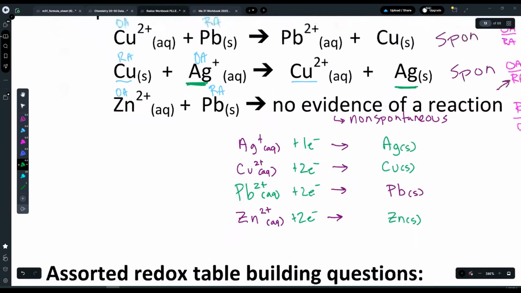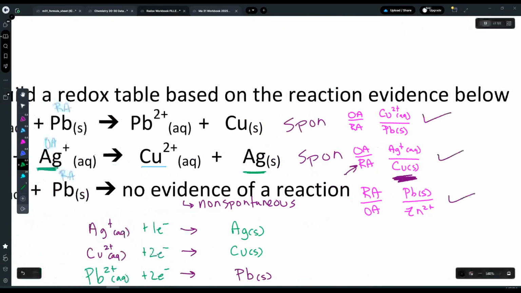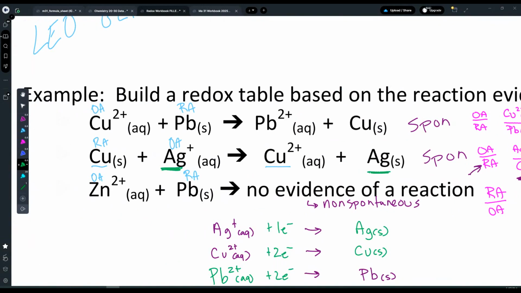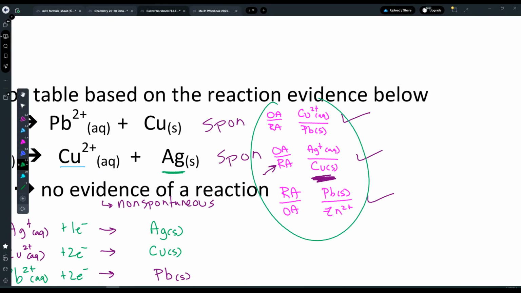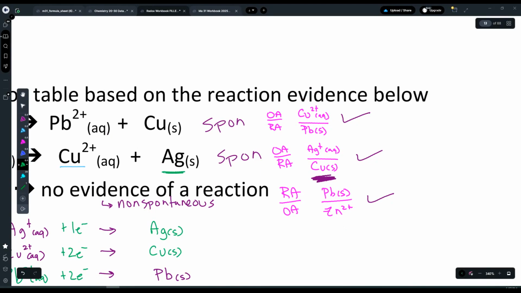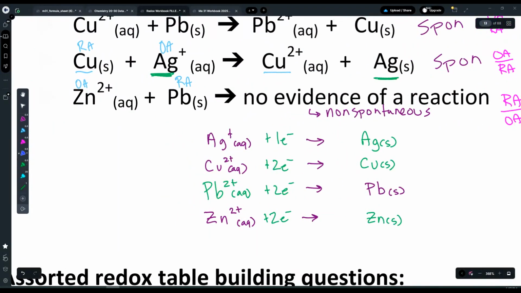When you build these redox tables, it's super important that you identify your OAs and your RAs first, then make all of these background notes to yourself to help you figure out the placement of everything, and then start building your redox table. Your SOA should always be in the top left-hand corner.